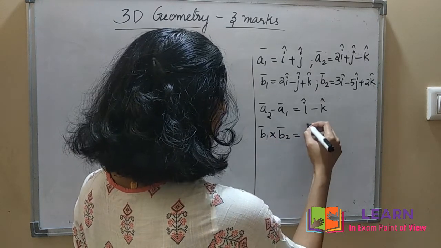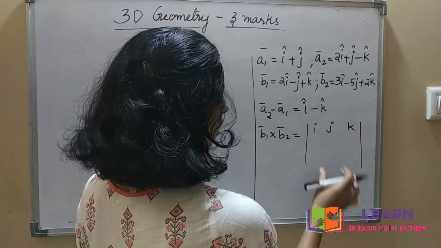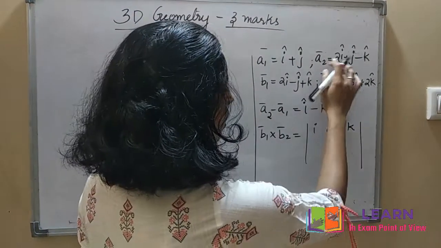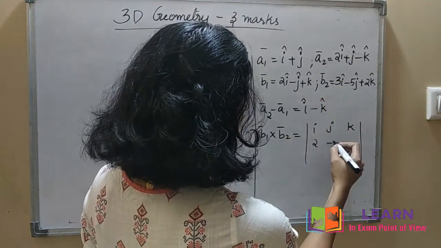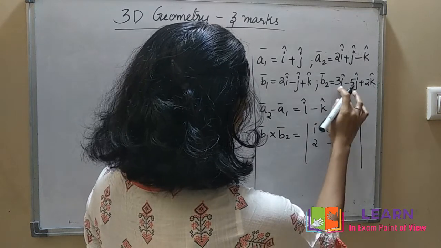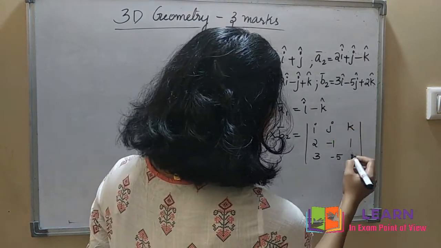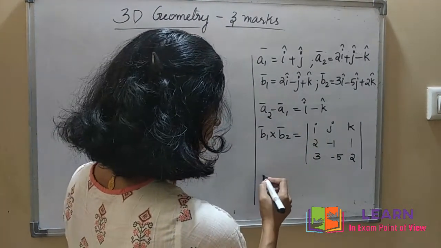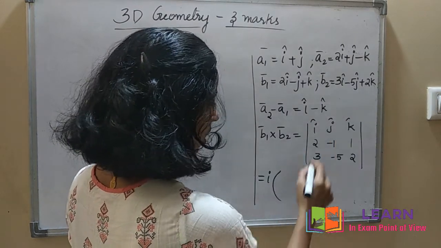That is how we will do it, with the determinant, not mod, sorry. Determinant i, j, k. In the place of the first row, 2, minus 1, 1. Here the terms are 3, minus 5 and 2. Then solve the determinant similarly.